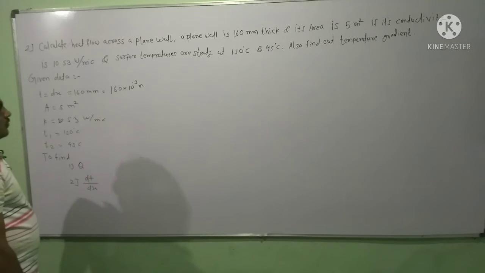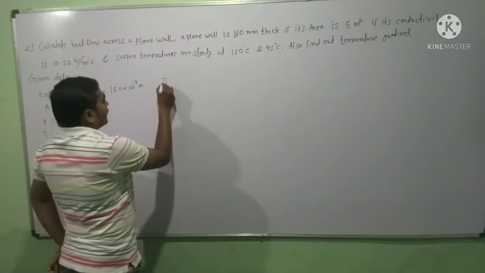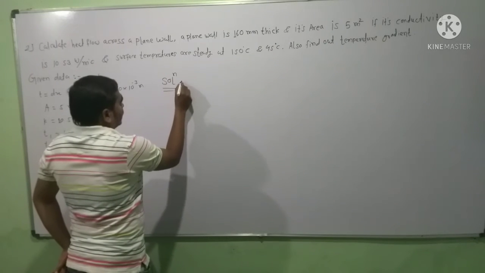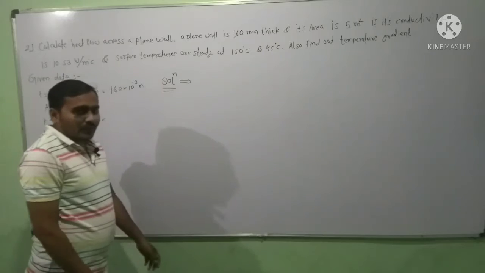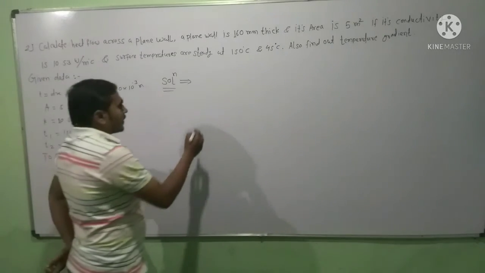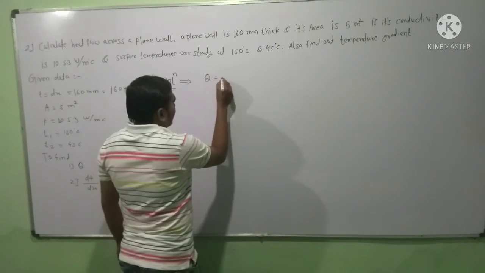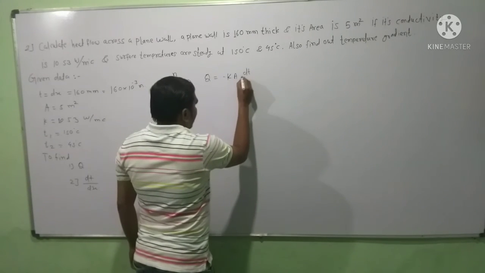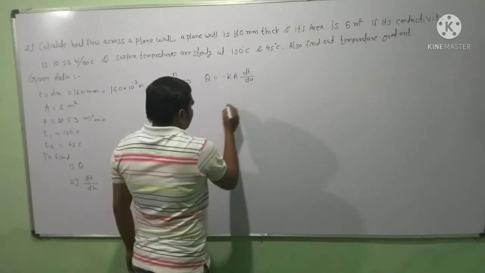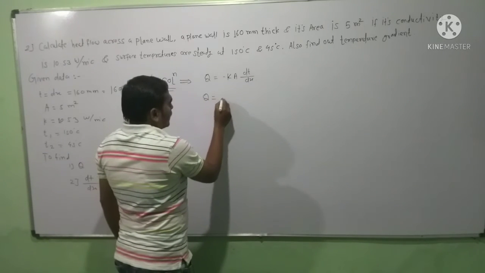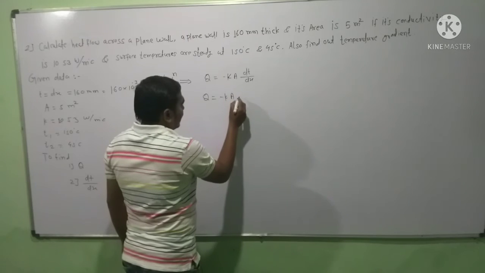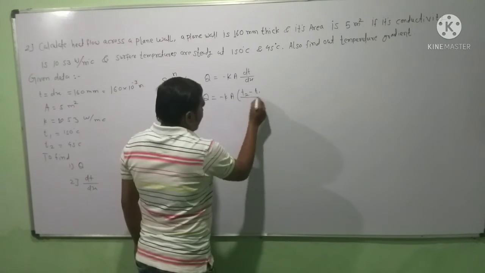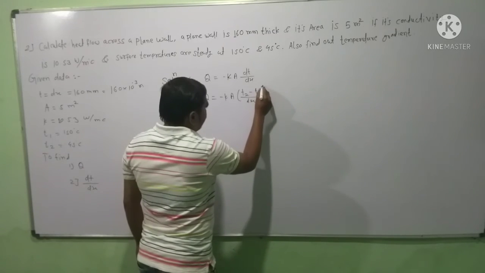Solution of this numerical. You know, according to Fourier's law, rate of heat transfer Q equals to minus K into A dT by dx. You can write this as Q equals to minus K into A, dT is nothing but T2 minus T1 divided by dx.